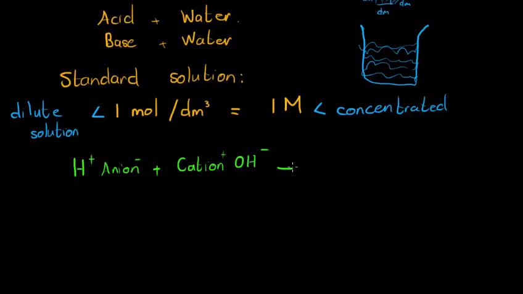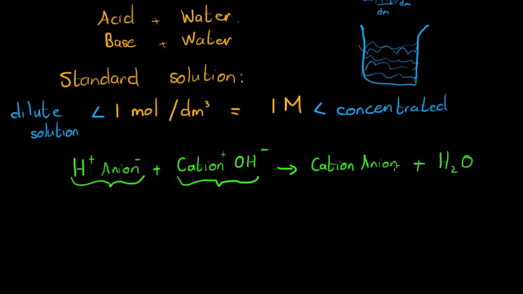Now what happens when an acid and a base react with one another? They produce salt, and the salt would be my cation and my anion, plus this one donates the proton and this one will accept the proton. So that will produce water. So it will produce salt and water.